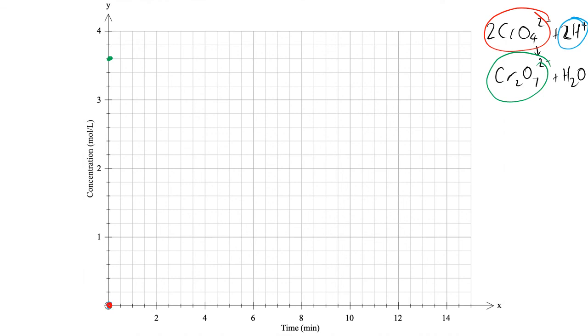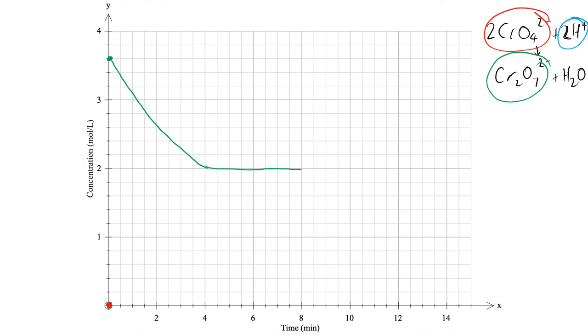Okay, so this one, we might show that this one drops by this much. Okay, what's that? That's like 1.6 moles per liter. Right. So how much will the CrO4 2- in the red go up by? Well, if that's 1.6, this has to go up by 3.2.